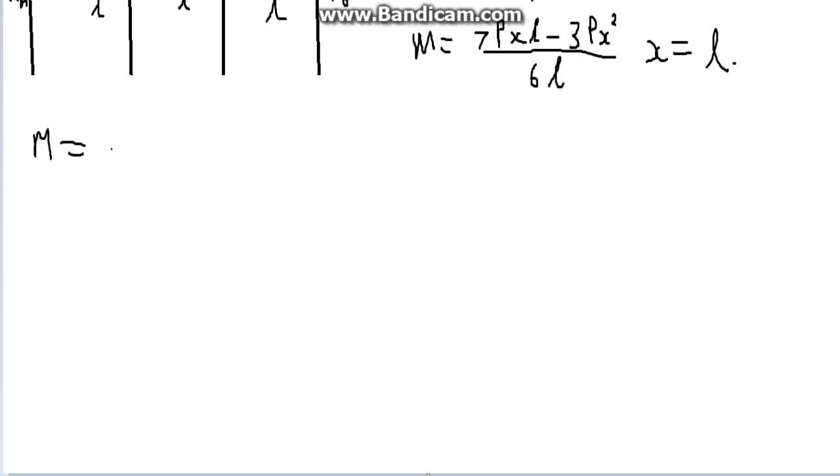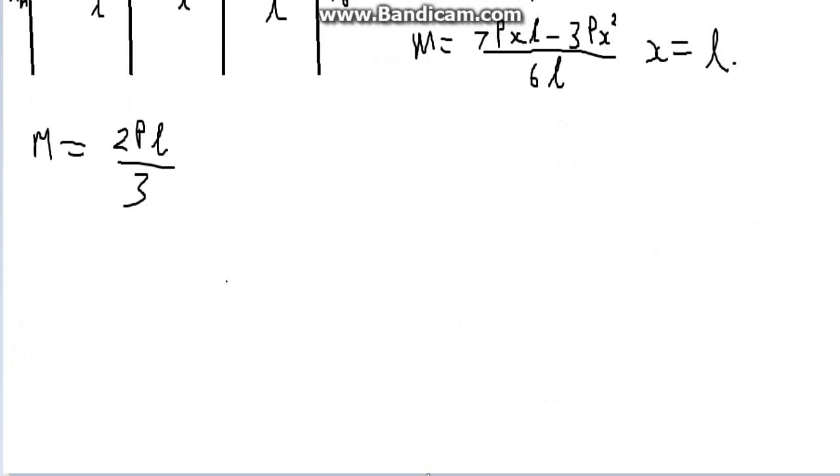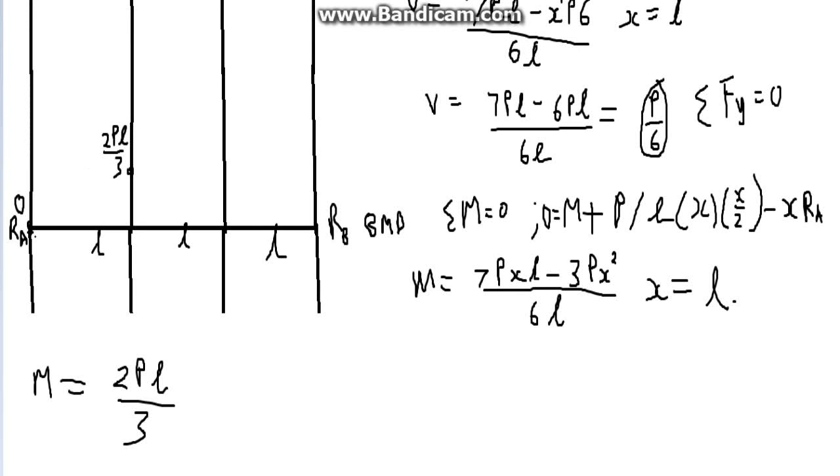Let's see. So M equals, substituting L, sorry, I'm just going to skip the maths here, 6PL on 3. Okay, that's its intersecting point, right? Let's just say here. So it's 2PL on 3. Okay. But what kind of curve would it create to get from here to here?